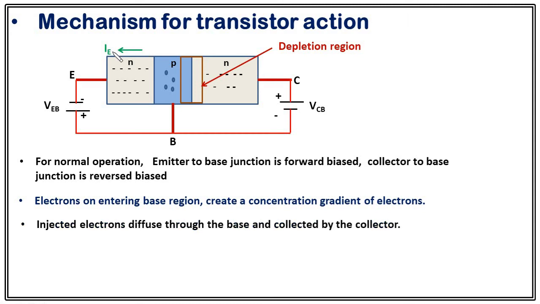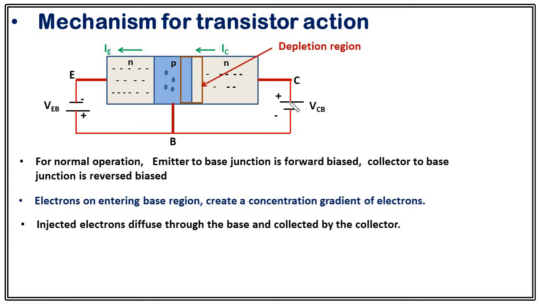Now the injected electrons diffuse through the base, and as the collector side is connected with the positive terminal of the battery, the electrons will be attracted toward the collector side and the injected electrons are collected by the collector. This will form a collector current and the direction of the collector current will be inward towards the transistor.